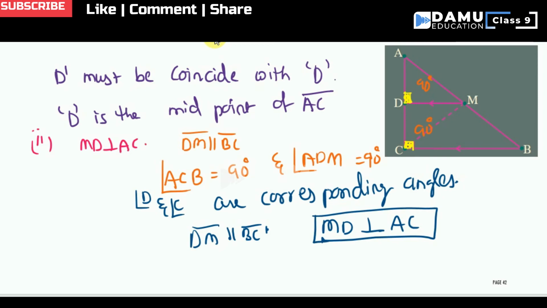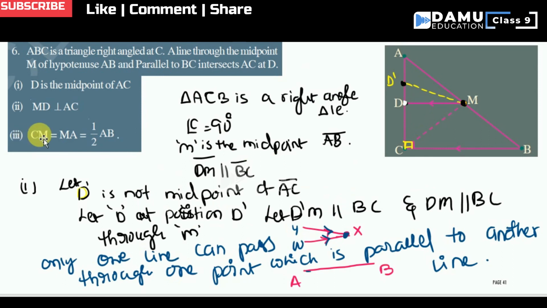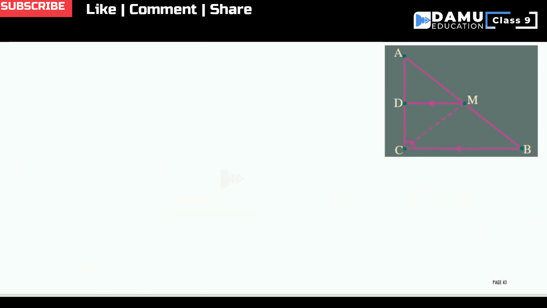Our next, third statement: CM is equal to half of AB. Let's consider the triangles ADM and CDM.